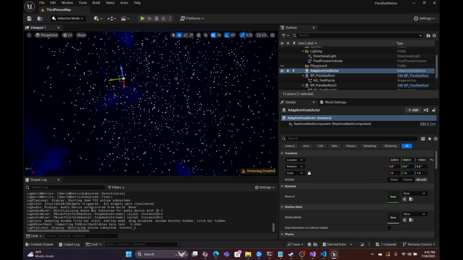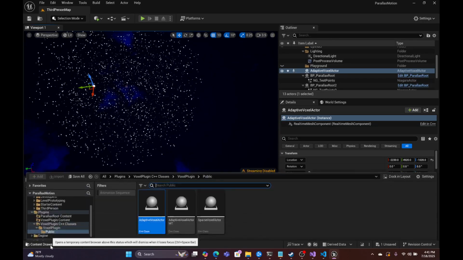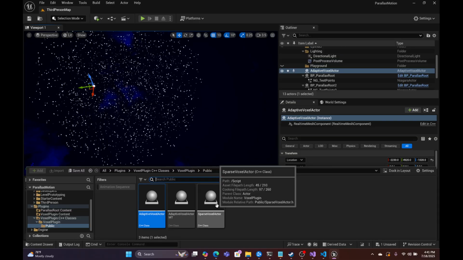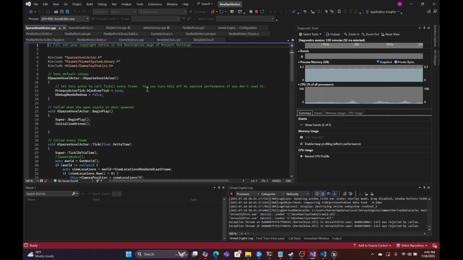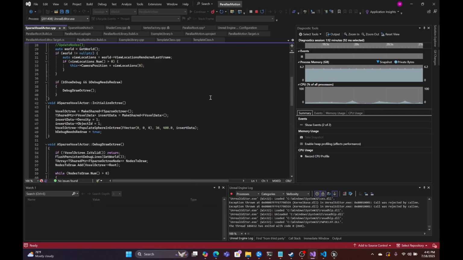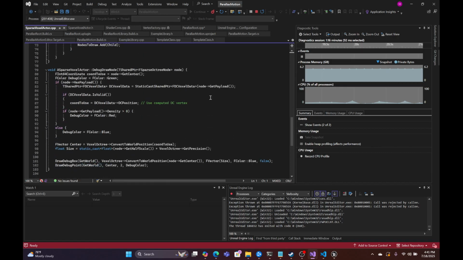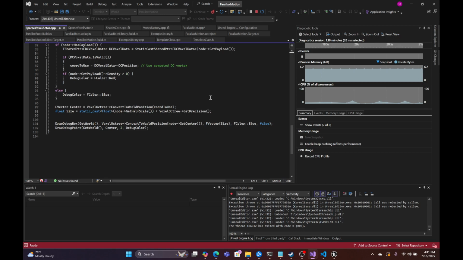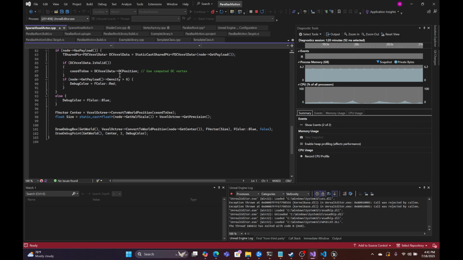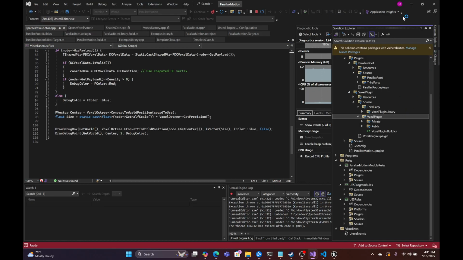So we got our octree. The sparse voxel actor here is what we need. I think it was sparse.